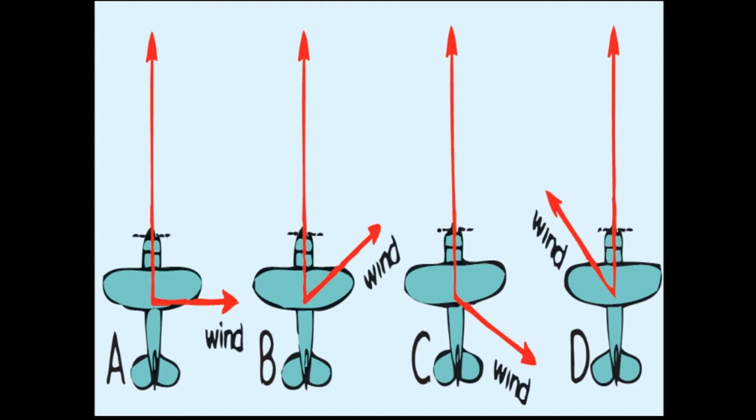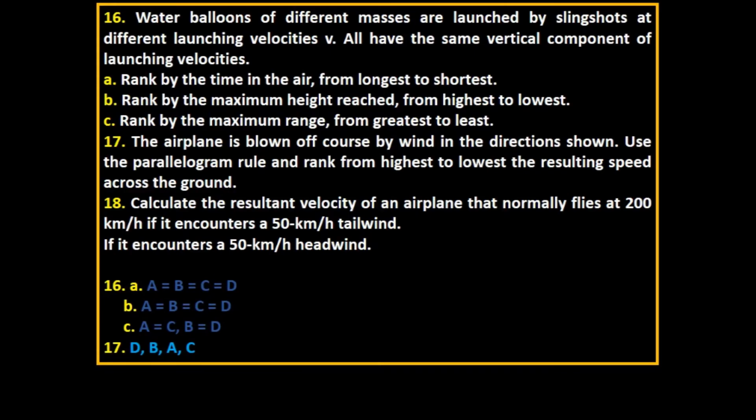So the greatest velocity would obviously be D, and the least velocity would be C. Even though D and B look equal, actually B is a little bit larger of an angle. So it would be D, B, A, C, and that is correct.